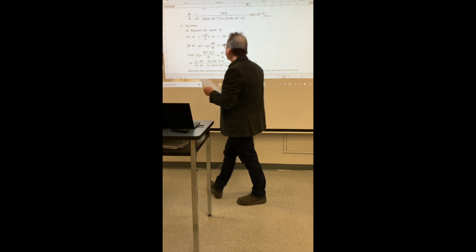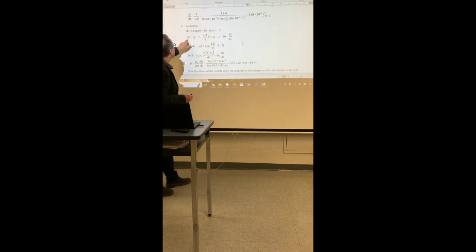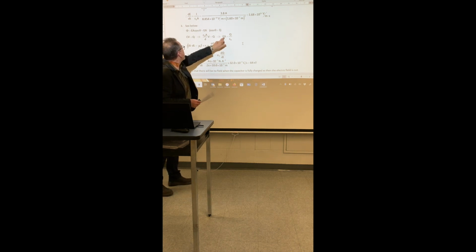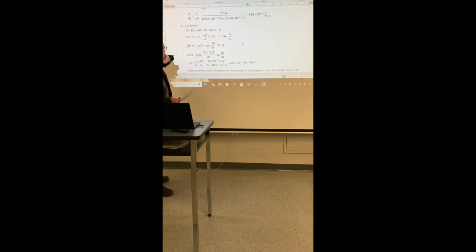For the parallel plate capacitor, again we have CV equals Q, and the capacitance of the parallel plate capacitor is epsilon 0 A over d, so EA equals Q over epsilon 0. Okay, so that would be the electric flux in the capacitor.